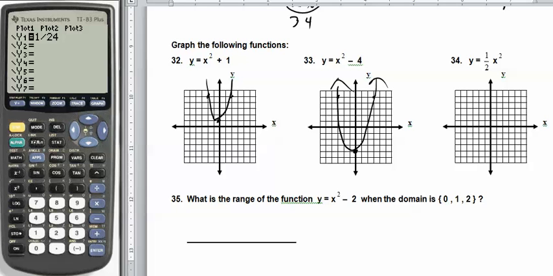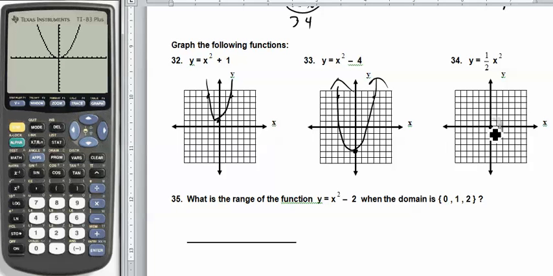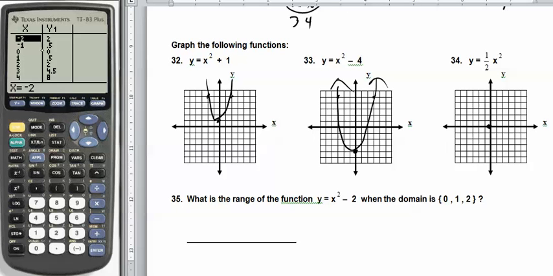1/2 x squared. We're going to look for that vertex, which is right there at 0, 0. And then, don't just draw it, go ahead and find a couple of points. So 0, 0, so how about 2, 2? 1, 2, 1, 2, and there's going to be another one right on the other side.